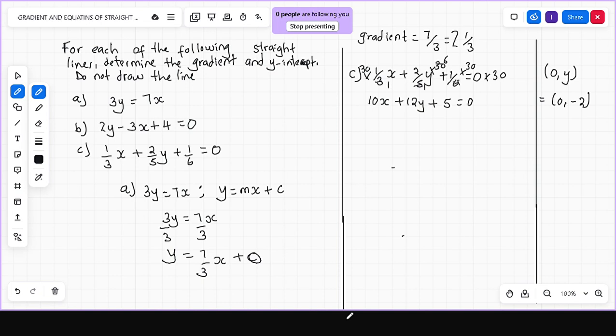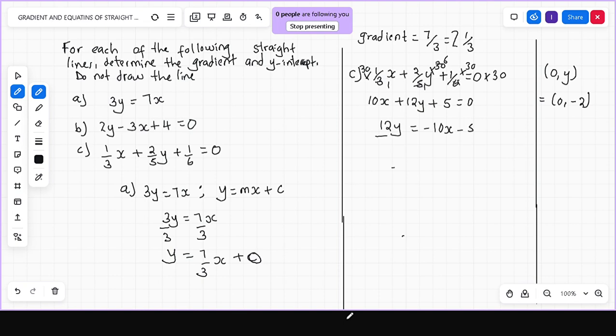So the 10x and the 5 are going to cross the equal sign. You're going to be left with 12y equal to, so 10x on the other side becomes negative 10x, then minus 5.